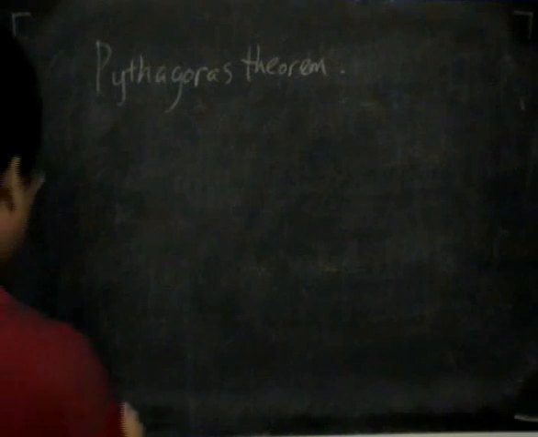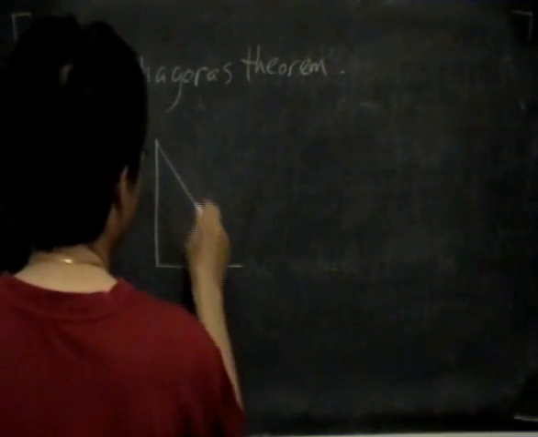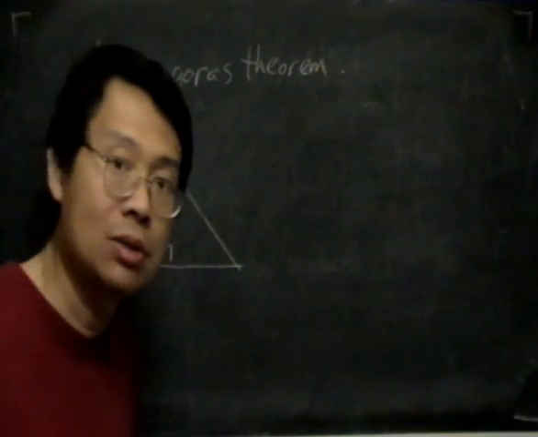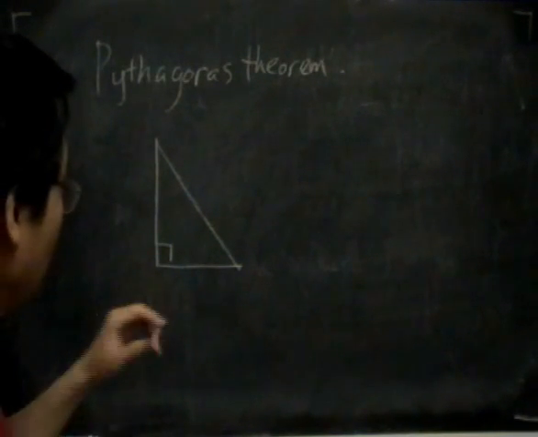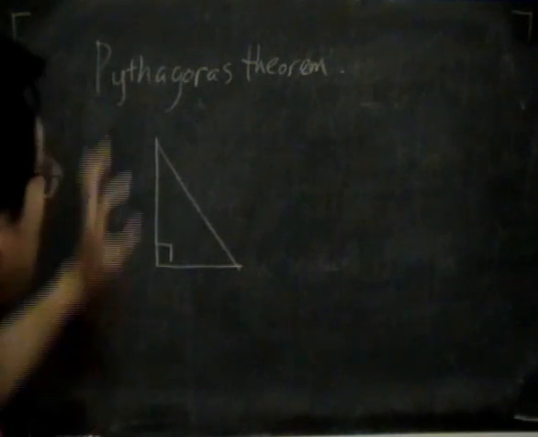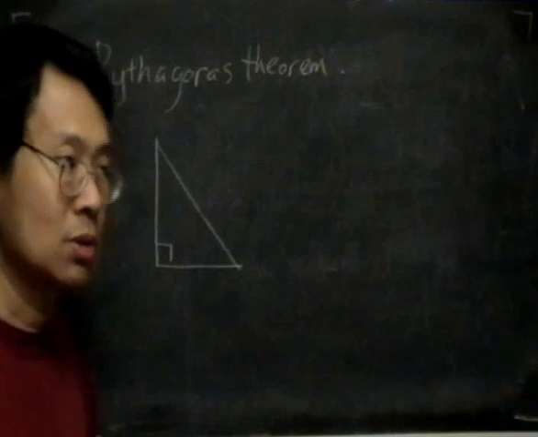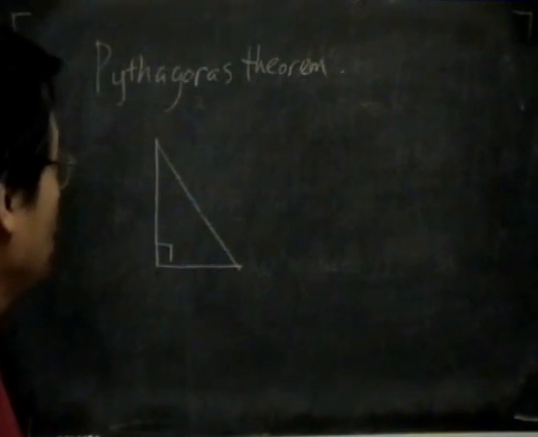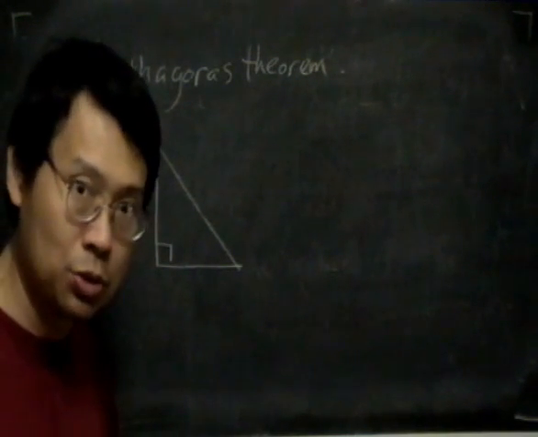This is a property for right-angled triangles only. So if your triangle has a right angle inside, then you can use this theorem. But if there are no right angles, if they're all acute or obtuse, then you cannot use this theorem. It would not be true.